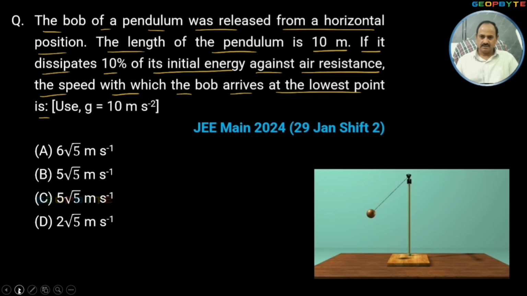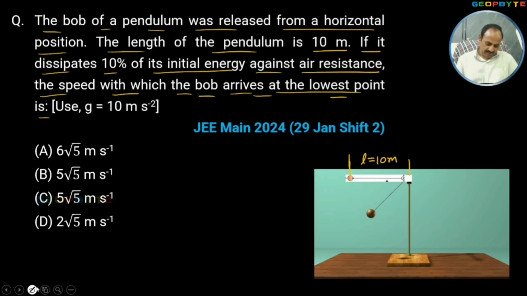Look at the simple pendulum, but it is given that the pendulum is initially horizontal. The length of the pendulum L equals 10 meters. If it is dissipating 10% of its energy against air resistance, what is the speed with which the bob arrives at the lowest point?